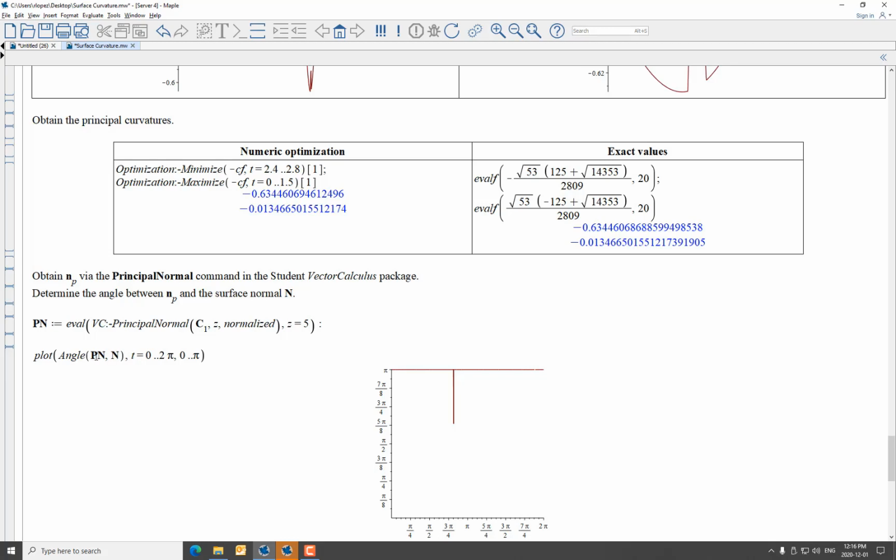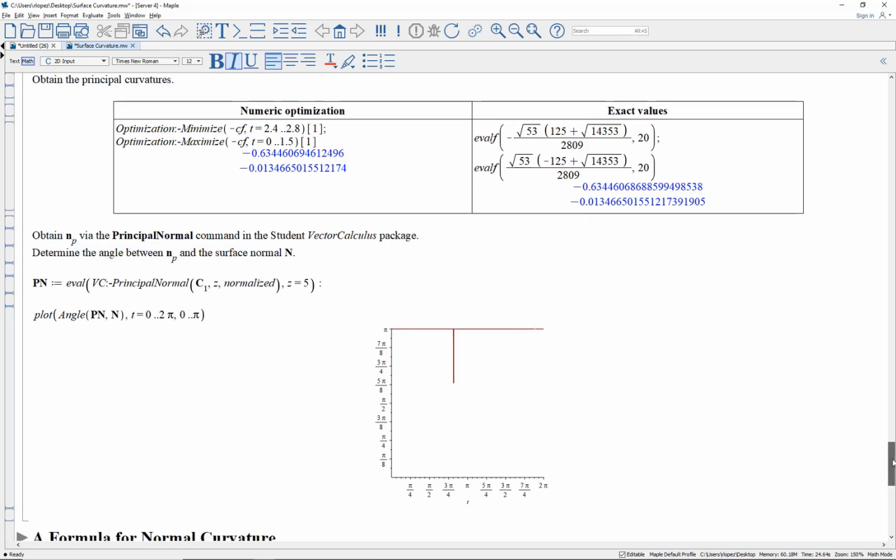The principal normal on one of these surface curves and the normal to the surface. And it's essentially pi, except for this one place where you have this glitch. And this glitch is that glitch. But this pi explains the minus sign that is introduced when you look at the normal curvature, because these two vectors are opposed.